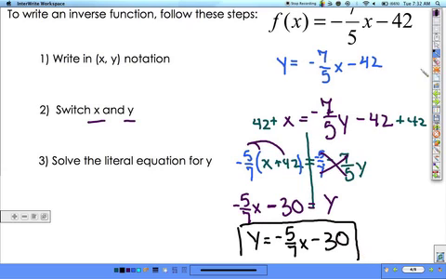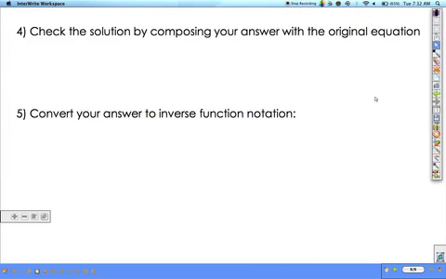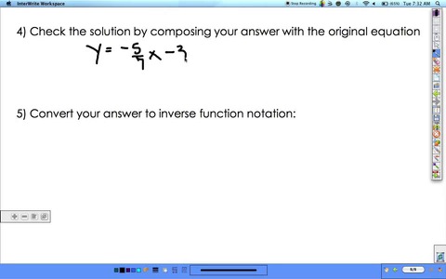So what we want to do is go ahead and actually check to see if this works. That's step 4. So I have y equals negative 5/7x minus 30. And what I should do is just take my two functions and compose them. My new function is y equals negative 5/7x minus 30.